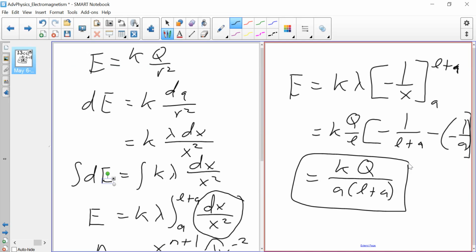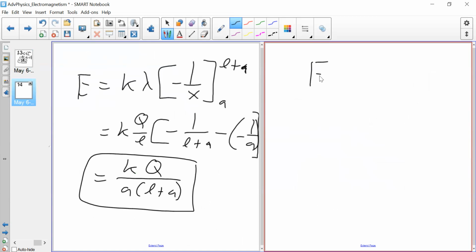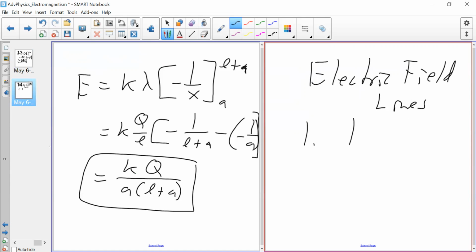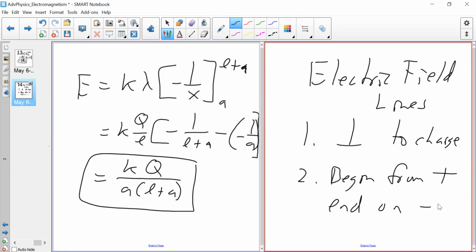And electric field lines begin on positive charges and end on negative charges. We saw that already. Perpendicular to the charge. Begin from positive, end on negative.